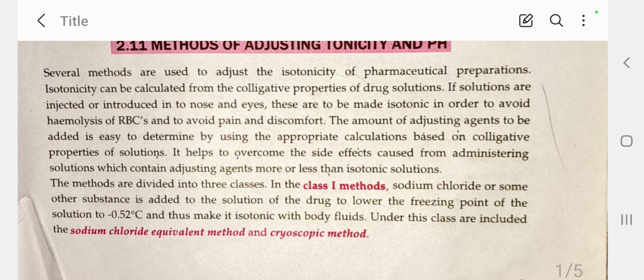I already told you in the previous session that the freezing point depression of blood is 0.52 degrees Celsius. Here they follow the same method to adjust the tonicity, using sodium chloride solution brought to the freezing point depression of blood, so that we can adjust the isotonicity of the pharmaceutical solution or drug substances.